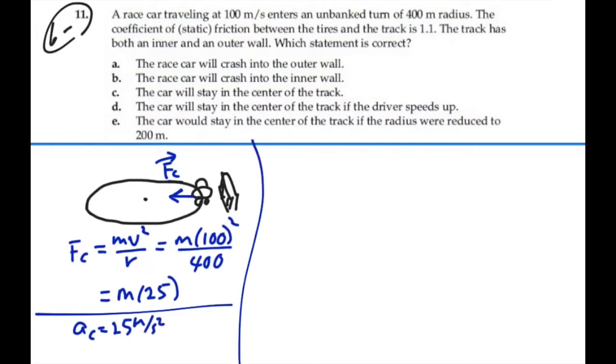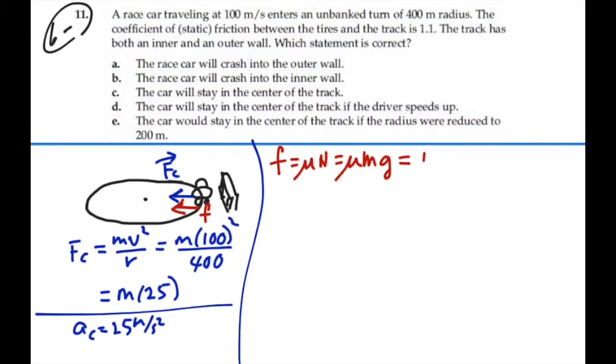Well, the only force we have that can help us with that centripetal force is indeed the static frictional force. Static because we're hopefully not sliding outward in that direction, in the radial direction. So our static frictional force is the only thing we can rely on, and that's equal to mu times the normal force, which in this case would be mu times mg, because we're on an unbanked turn, a flat turn.